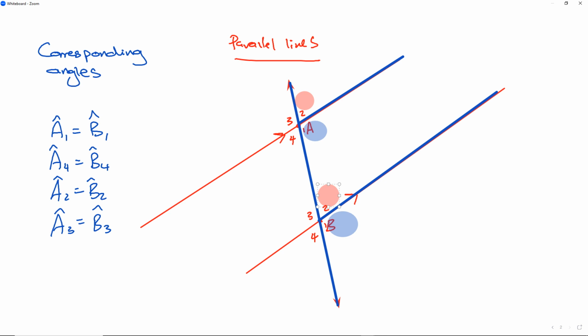And if the F shape is going the other way, it still works. And so we still would have corresponding angles over there, and lastly over there as well. So technically you can see that's quite a nice picture of all the different types of corresponding angles.